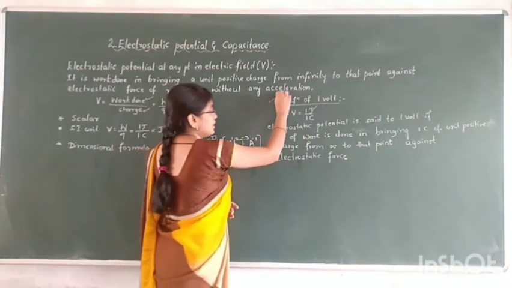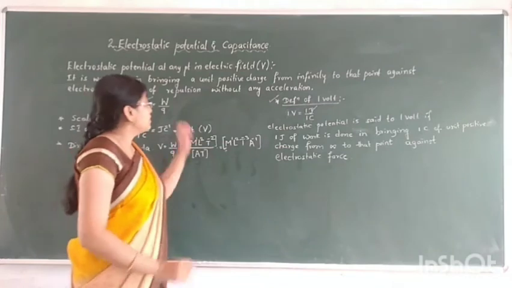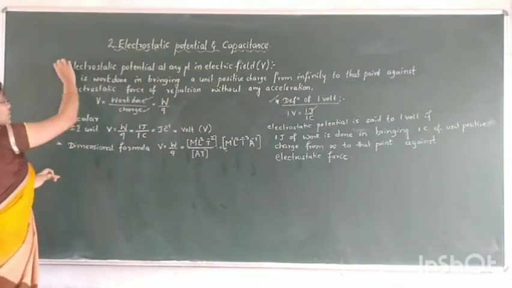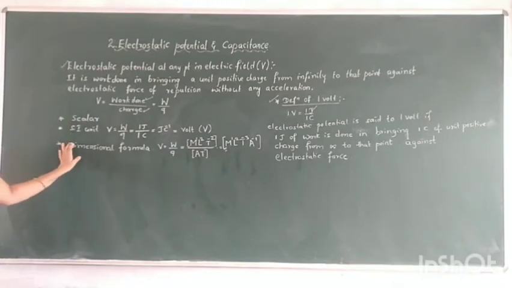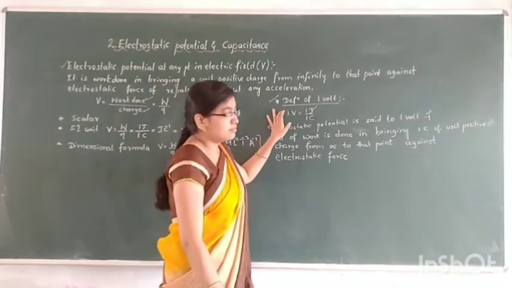This definition is important. So remember, this is the definition of electrostatic potential, then the properties of this electrostatic potential, and next the definition of 1 volt.